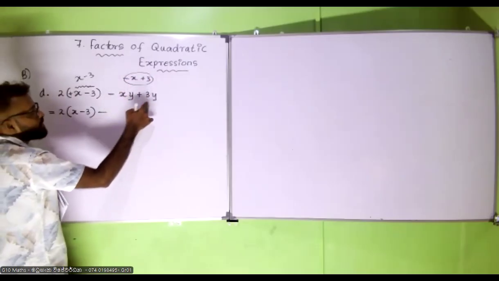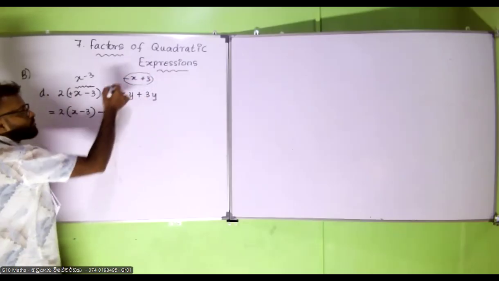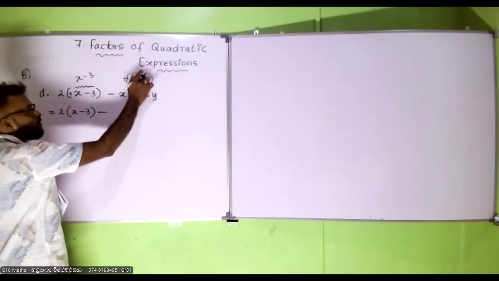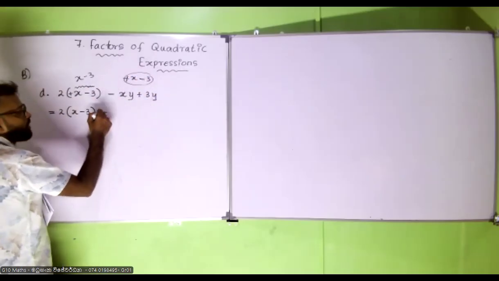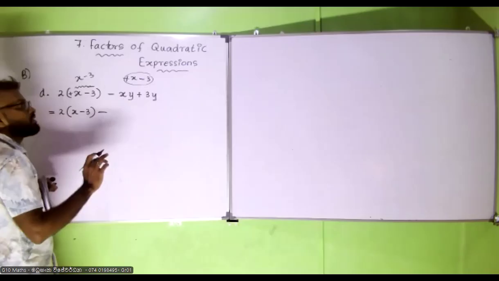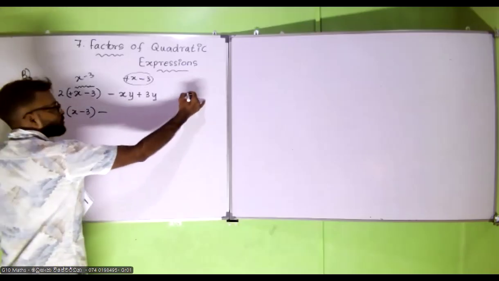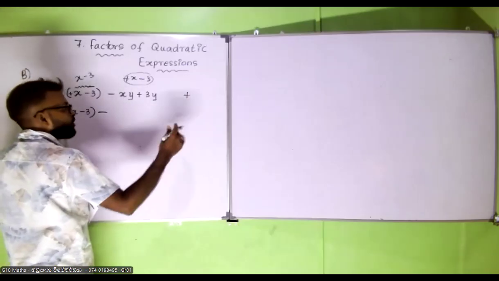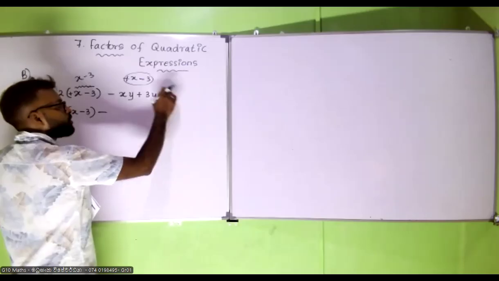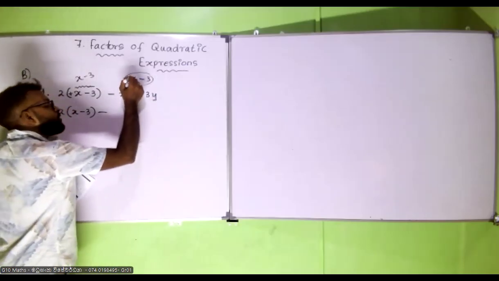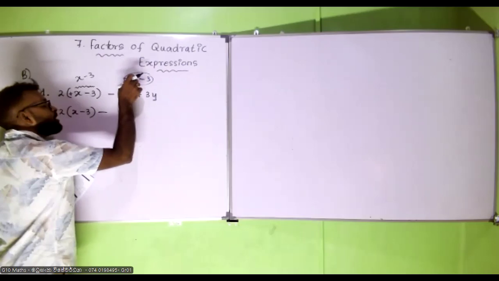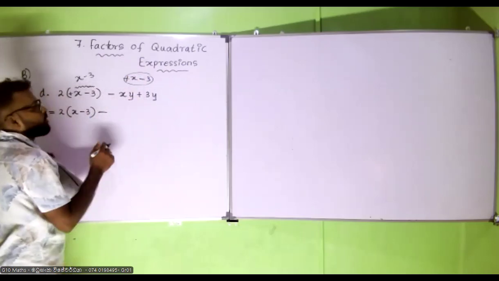If you don't want to convert the signs, you take the positive sign. If and only if you want to convert the signs, you take the minus sign from both.